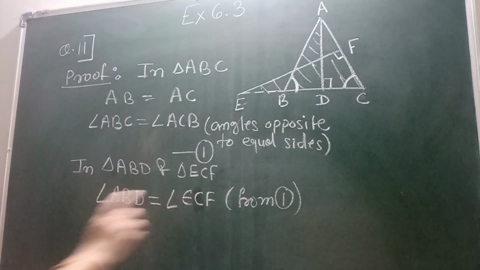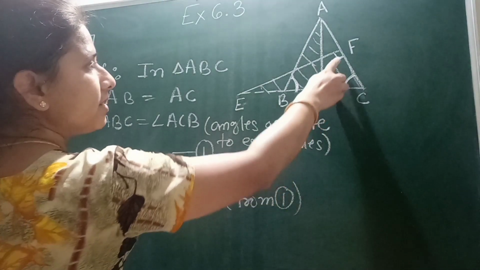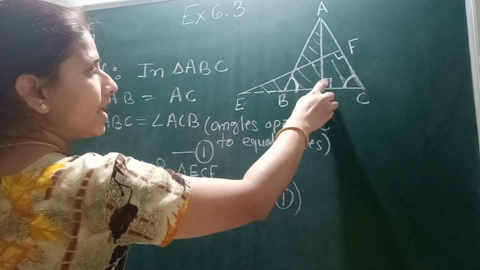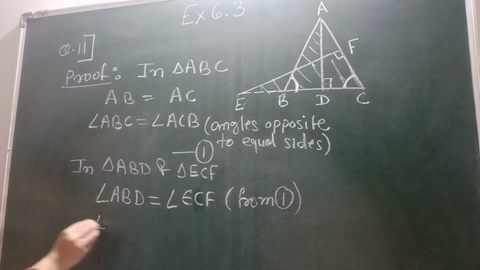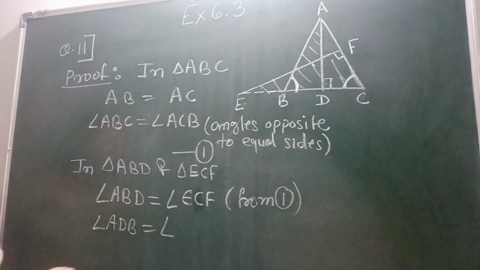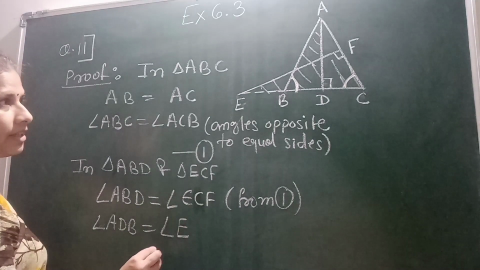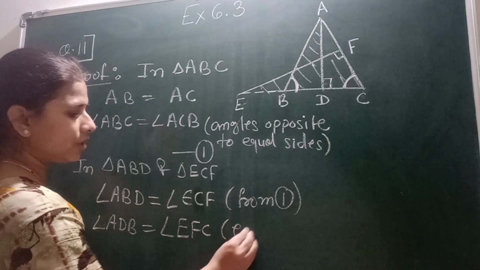Okay, first angle, and what will we take as the second angle? As these are perpendiculars, this angle will equal 90 degrees and this angle will also equal 90 degrees. So angle ADB equals angle EFC. Why?